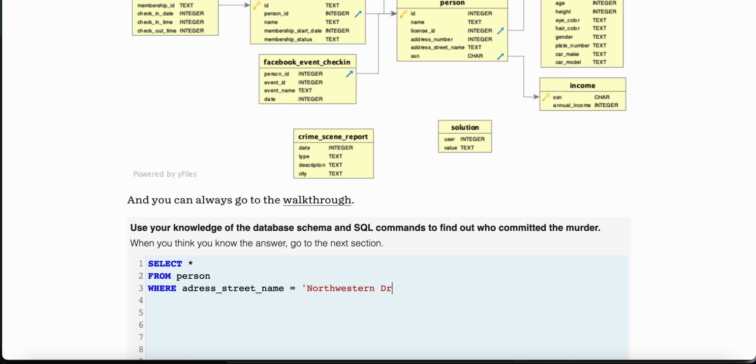You always have to put string text in quotes, and we have to order it by the address number.